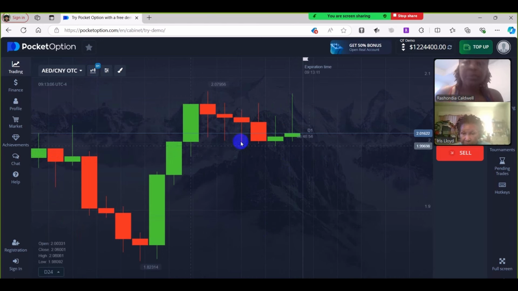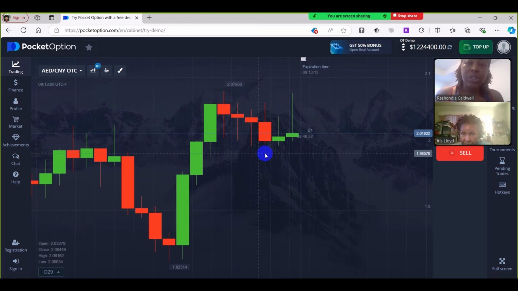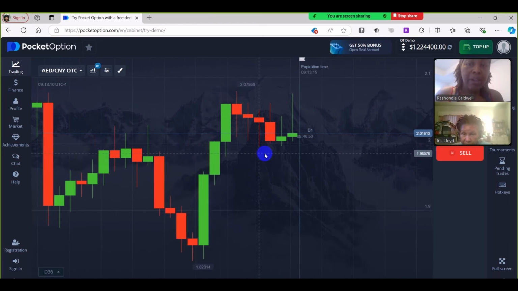You see? So you look at the previous candles' wick to say, okay, this wick right next to it is kind of long. It'll take maybe a couple of hours to get back up here where the top of this wick is.